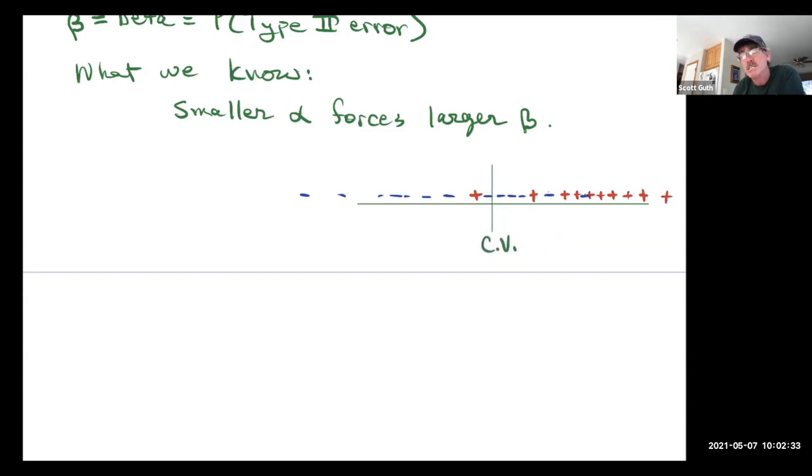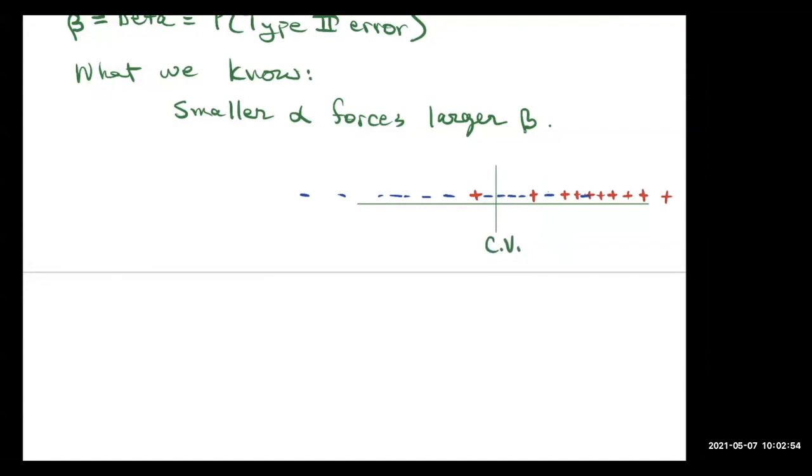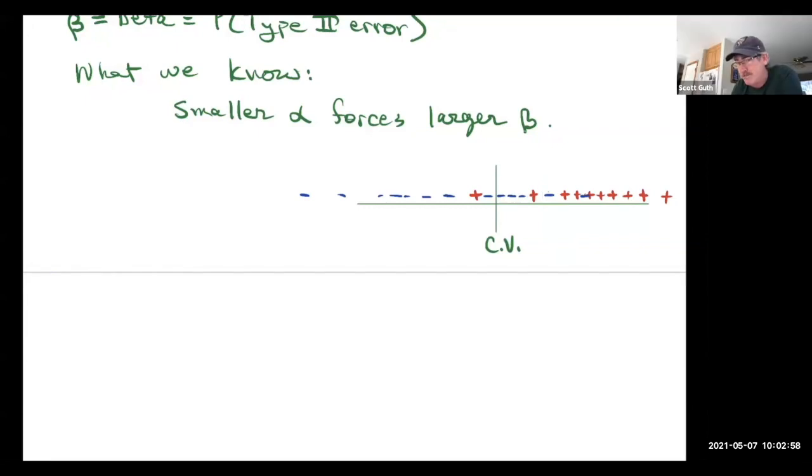Okay, what's the trade-off? I had my critical value here. I had two false negatives. If I move the critical value, now I only have one false negative. But what's the bad news? I got more false positives. You follow me here?